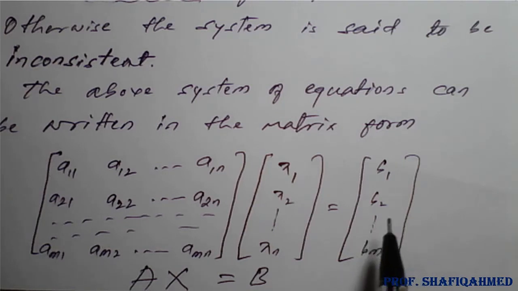And if these values are like 1, 2, 3, so on, then we call it a non-trivial solution. The system of equations AX equals B may or may not possess a solution. If the system possesses a solution, it may or may not be the only solution.